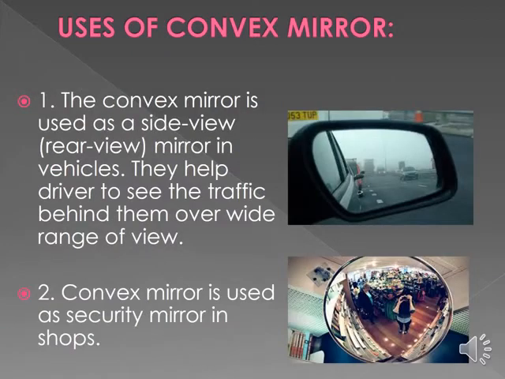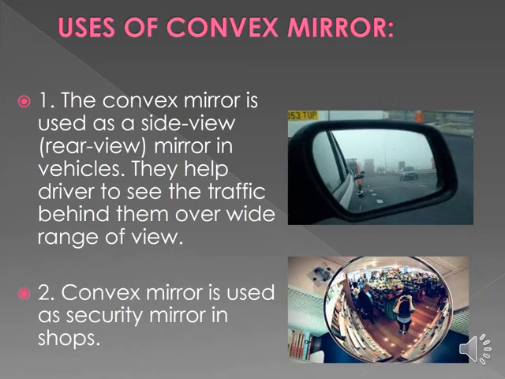Uses of convex mirror. Number 1. The convex mirror is used as a side view or rear view mirror in vehicles. They help driver to see the traffic behind them over wide range of view. So students, you already know that a convex mirror always forms virtual erect and diminished image.